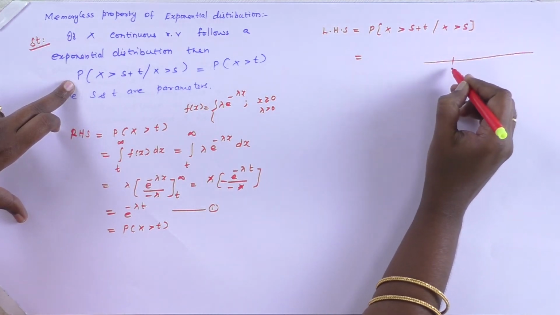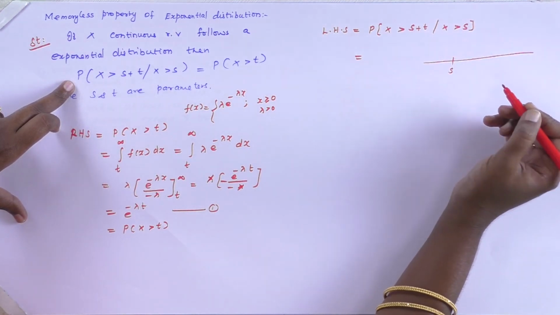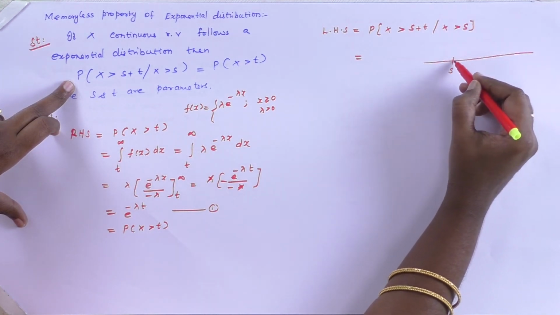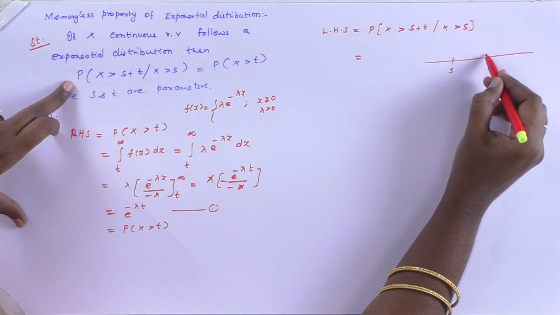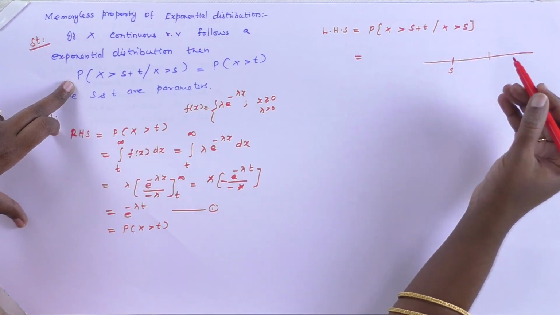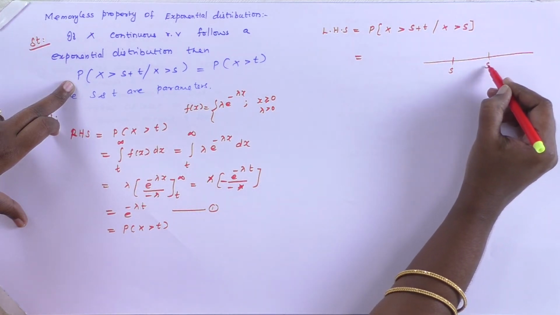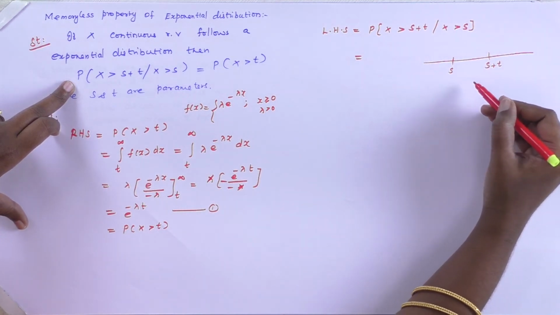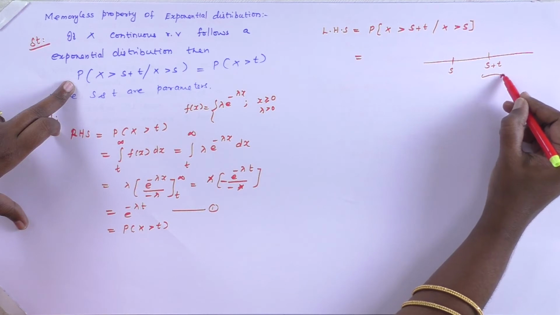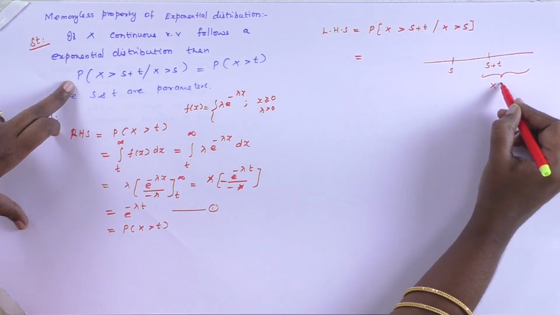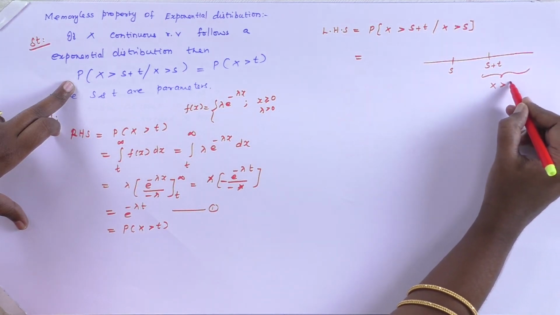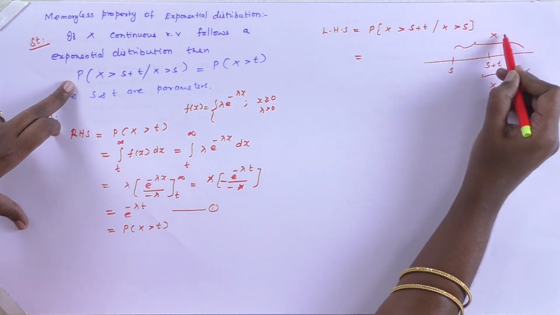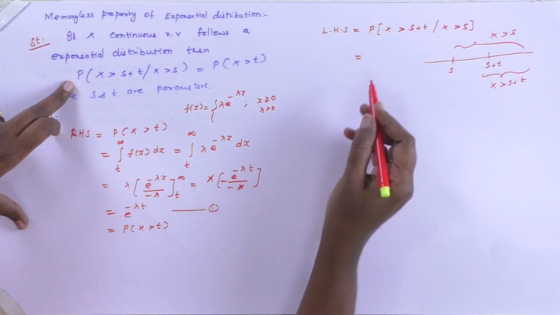We mark it on the x axis at x equal to s, and another one at time exceeding s plus t. Okay, this region is where the random variable, the time, exceeds s plus t. This one is where the time exceeds s.